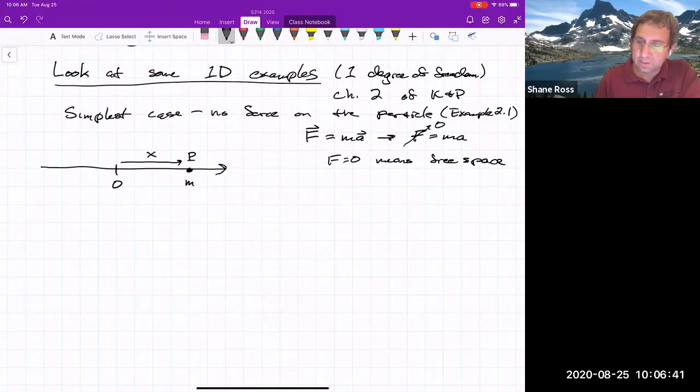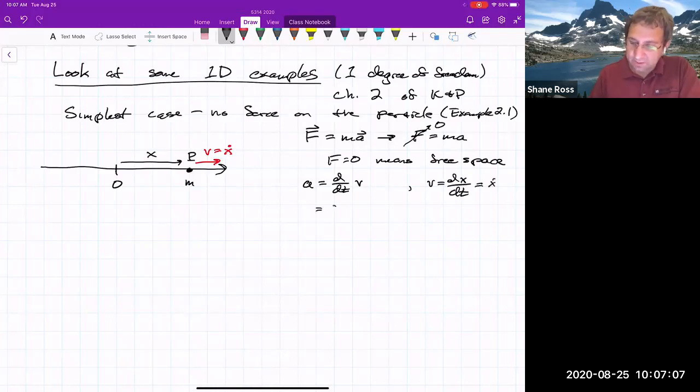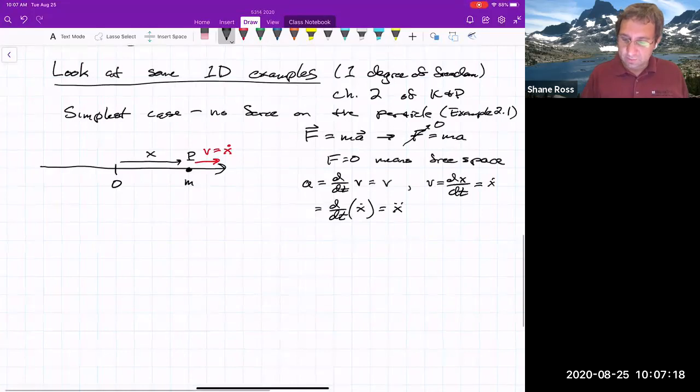And how do we get A? Well, A is equal to the derivative of V. What's V in this case? Well, V is just x dot. So if V is the time derivative of x with respect to time, then this is d by dt of x dot, it's x double dot. So we could think of this in terms of A equals V dot or A equals x double dot.